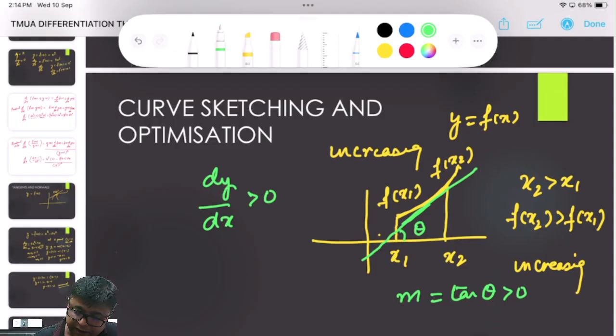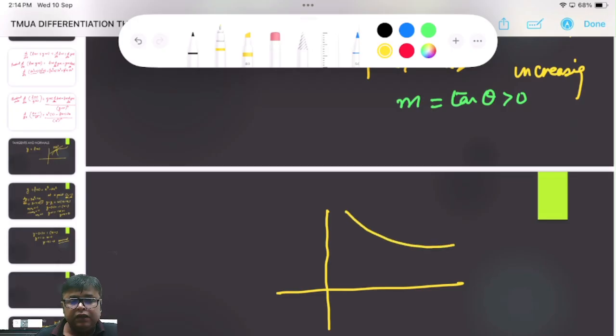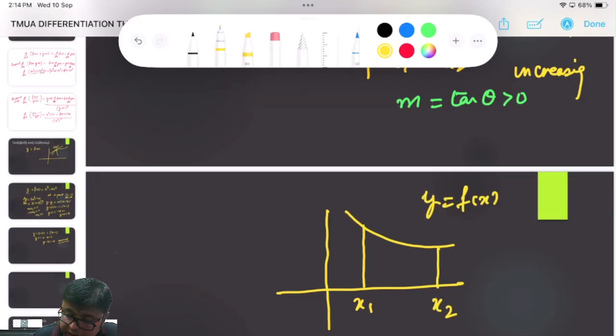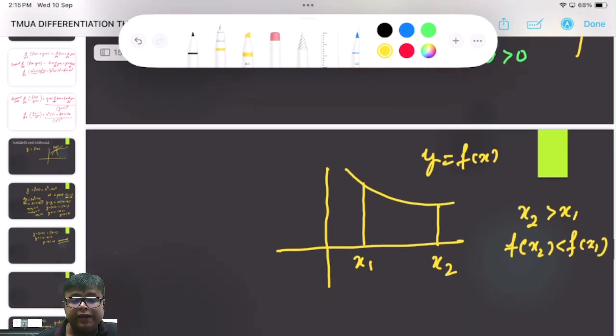Similarly, if I draw another curve, suppose like this. Here suppose this is x1, this is x2, and we have y equal to f(x) as a function. So x2 is greater than x1, but f(x2) is less than f(x1). So as x is increasing, y is decreasing. Such functions are called decreasing functions. But how do we associate it with the slope?